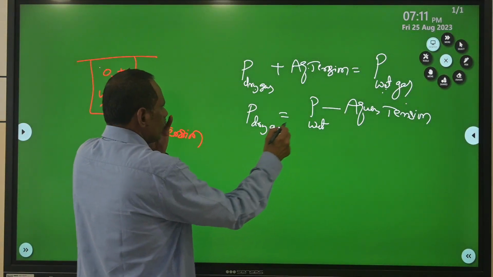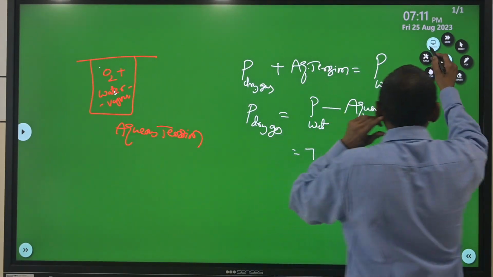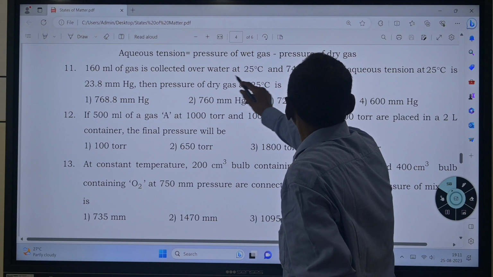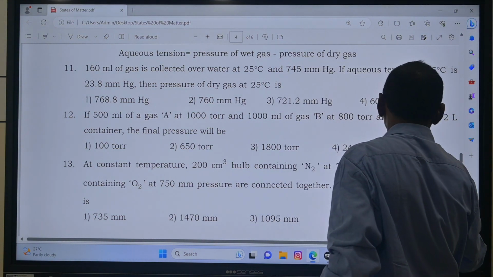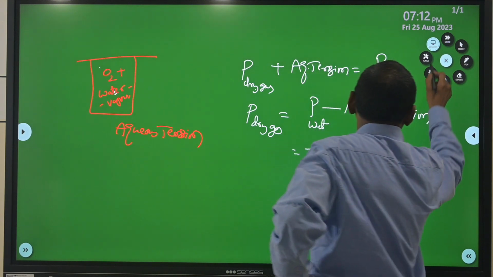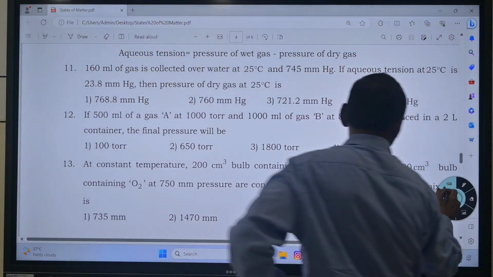The pressure of the wet gas is given as 745, and the aqueous tension is given as 23.8.